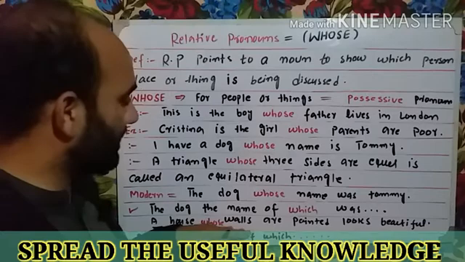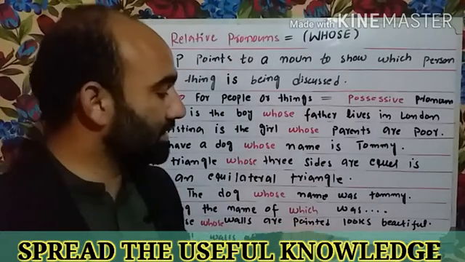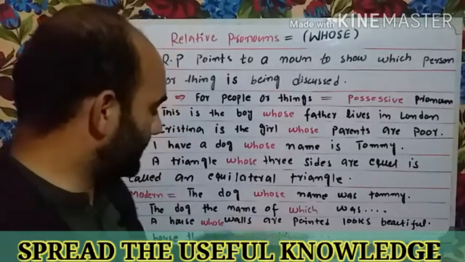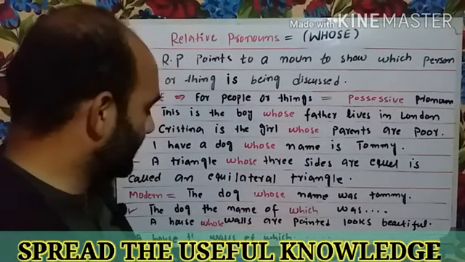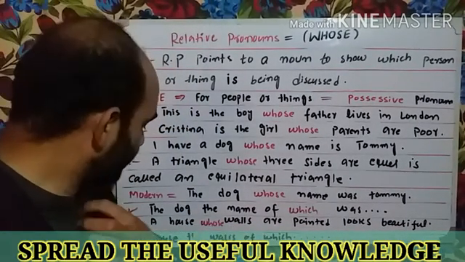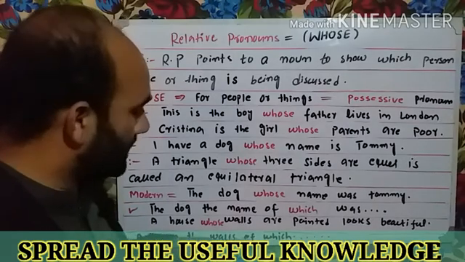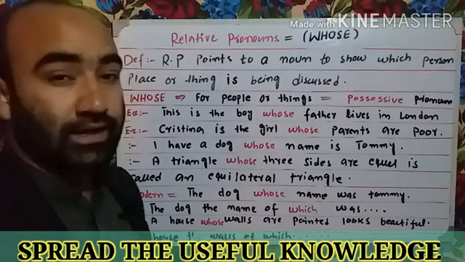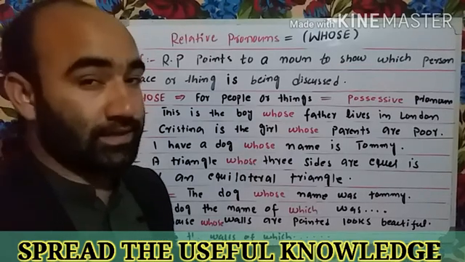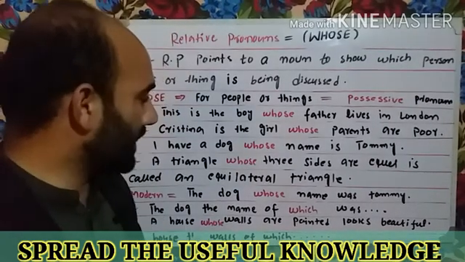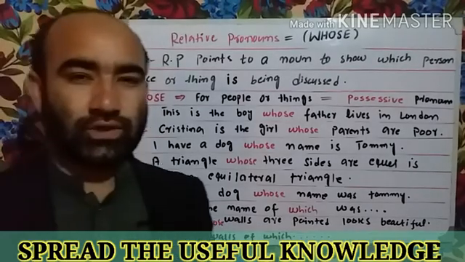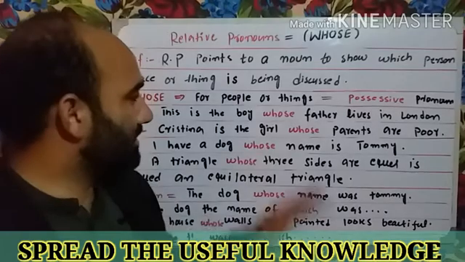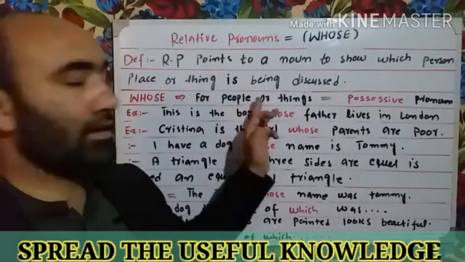A house whose walls are painted looks beautiful. This is the formal way of using this sentence. And a house, the walls of which. This is the good way of talking about non-living things. Okay? So in modern language, as I told you, you can use whose for both, as I have written over here. Okay?